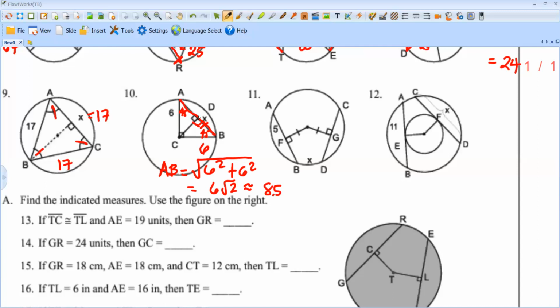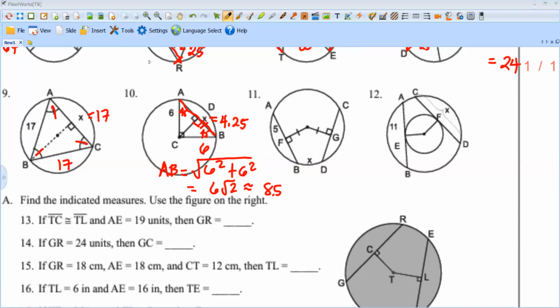If they are looking for this alone x, this full side AB is 8.5, so you divide by 2. 8.5 divided by 2 will give you 4.25. So x alone is 4.25. AB is 8.5.